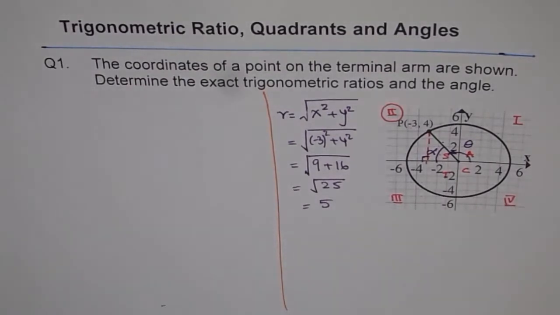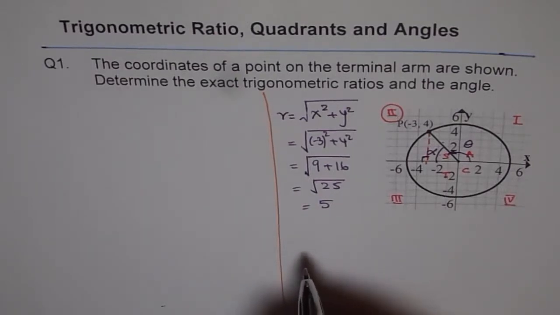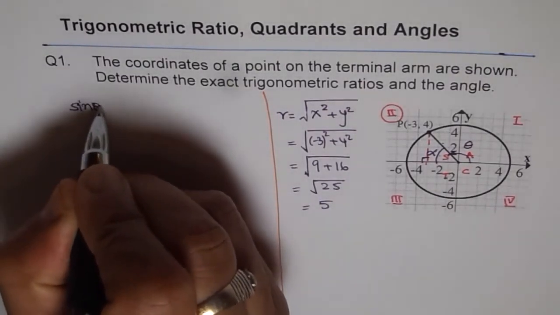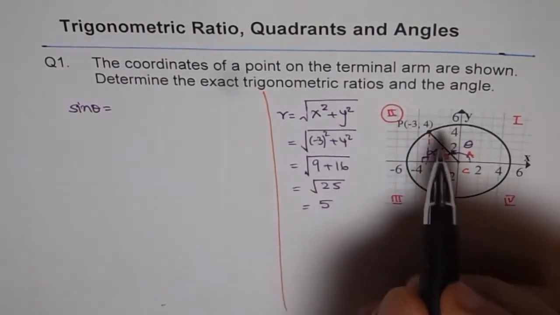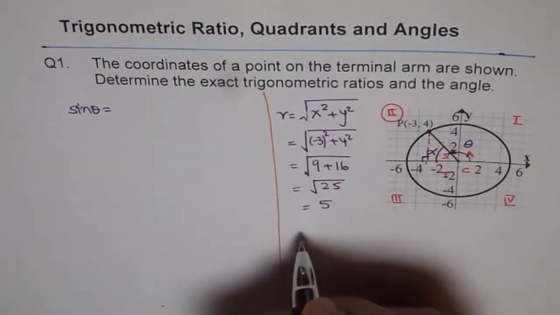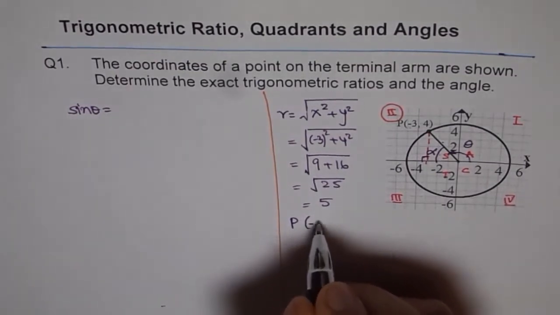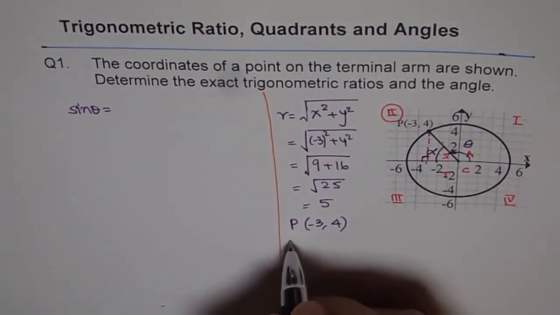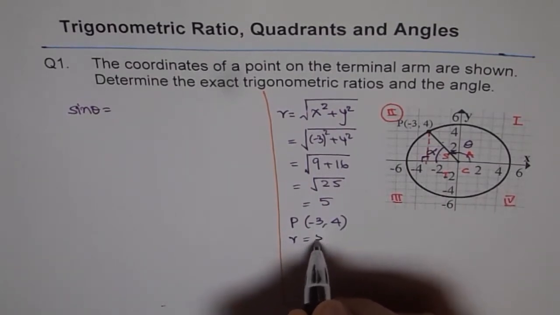First let's find the primary trigonometric ratios: sine theta, cosine theta and tan theta. The point is minus 3, 4 and the radius is 5 units.